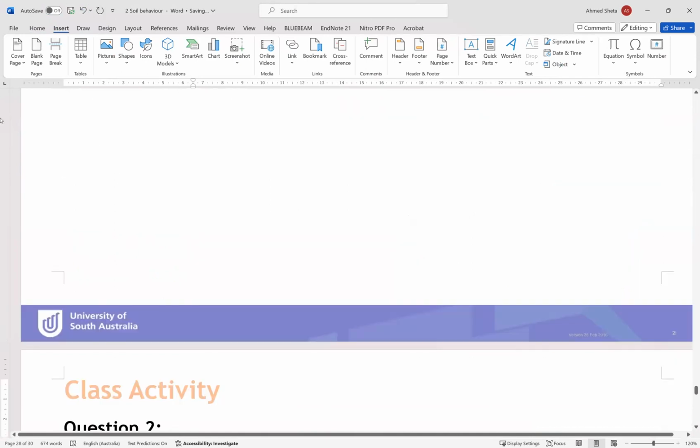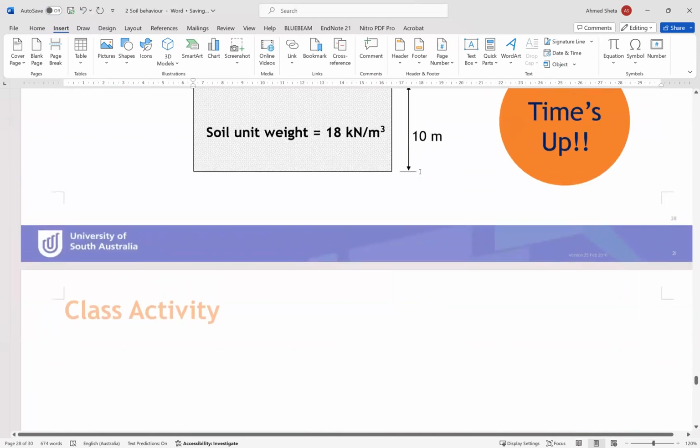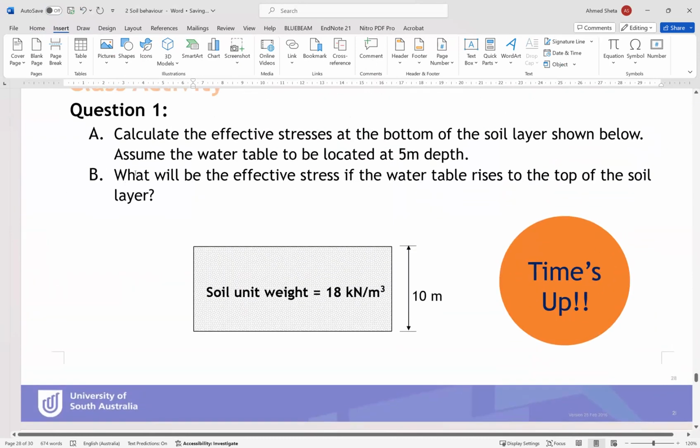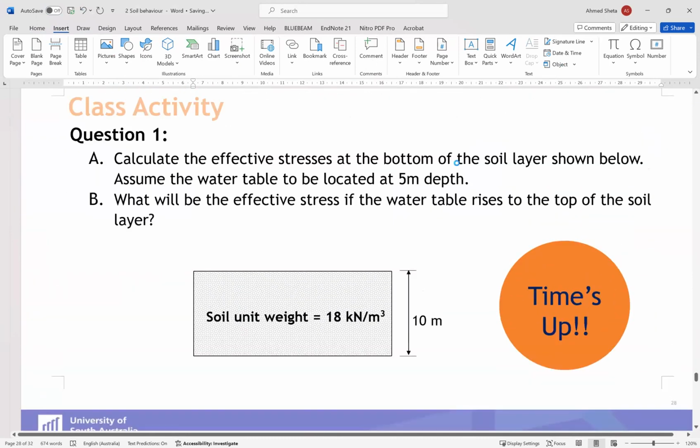Okay, in this example, we have to calculate the effective stress at the bottom of the soil layer shown below. Assume that the water table is located at 5-meter depth. So we need to find the stress at any point here.